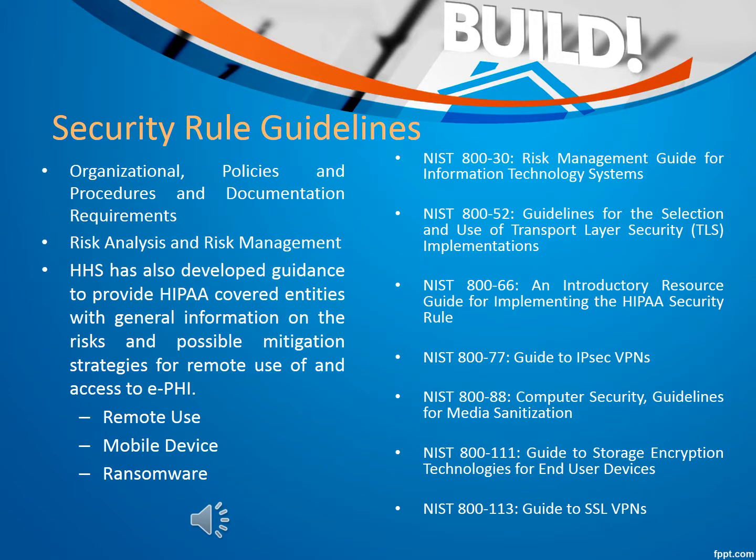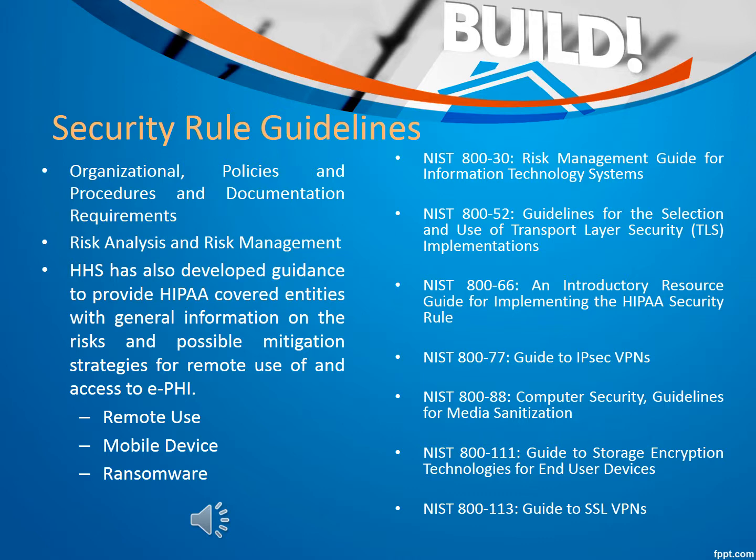So as we understood from the previous slide on the administrative safeguards, it is important for the covered entities and business associates to establish organizational level policies and procedures and documentation requirements. There should be an annual risk analysis and risk management program in place.